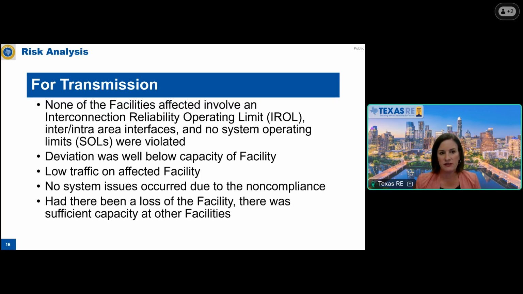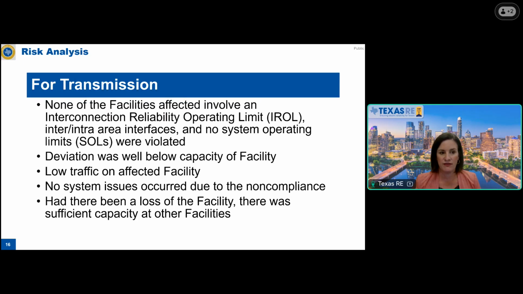For transmission facilities, some of the things that we'd like to know are whether any of the facilities affected were involved in an interconnection reliability operating limit, IROL, or intra-area interfaces, and whether any system operating limits were violated. Those are all important pieces of information for the risk analysis. Perhaps the risk was lowered because the deviation from the standard was well below the capacity of the facility.